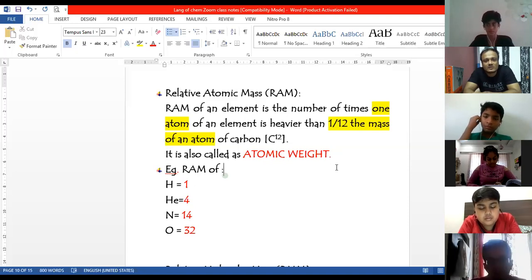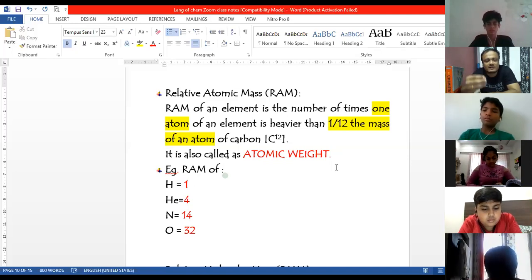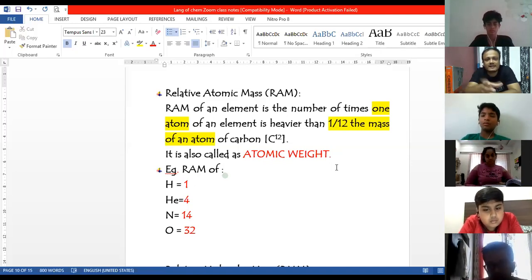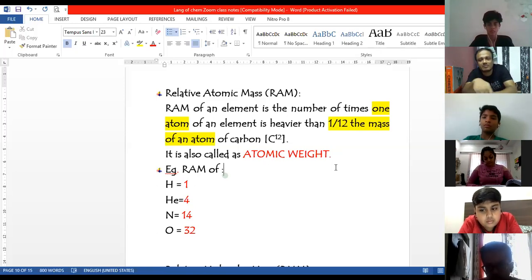Since the weight of an atom is very, very small, we have to have a substance with which we can relate the weight of that particular atom. Just like how we go to buy fruits or vegetables, we place a weight on one of the pans, and then we put the vegetables or fruits on the other pan, and we relate the weight of those two things. The same happens over here.